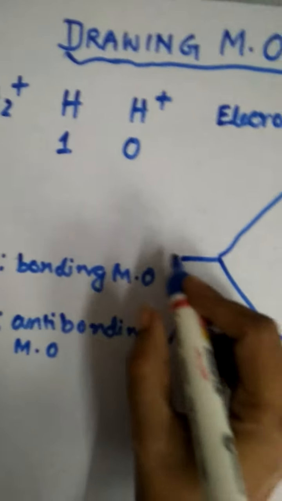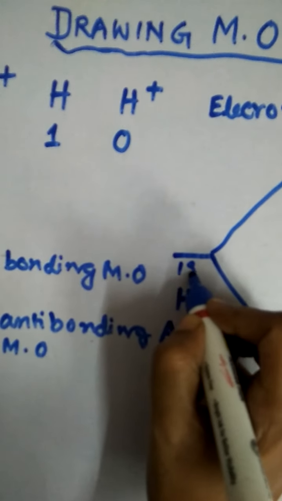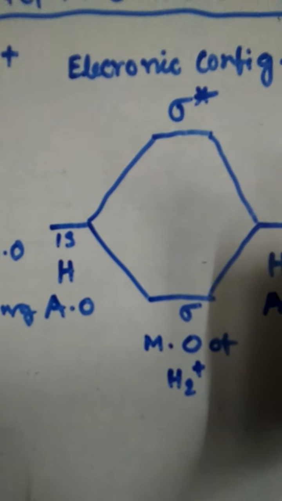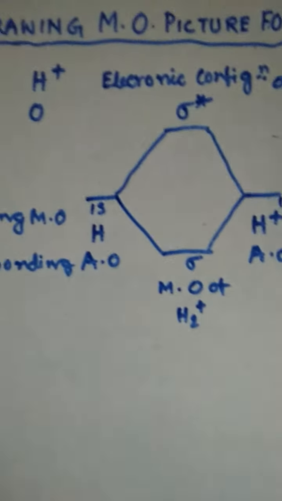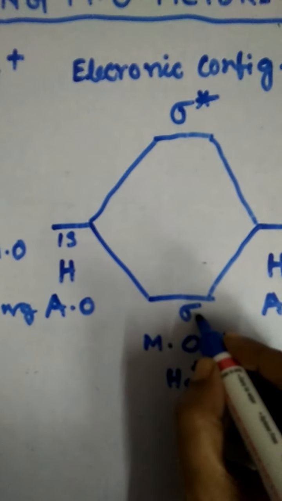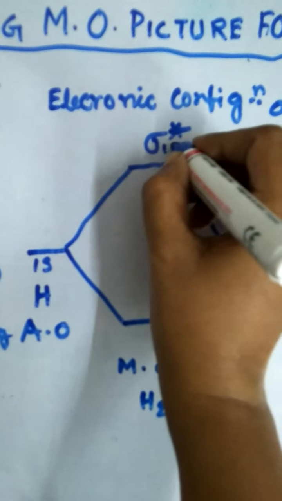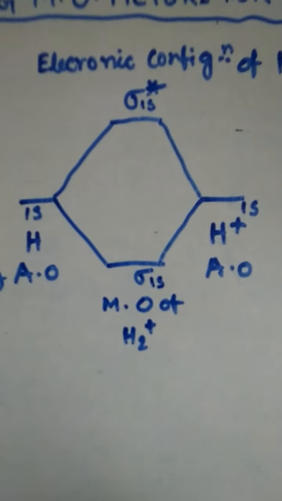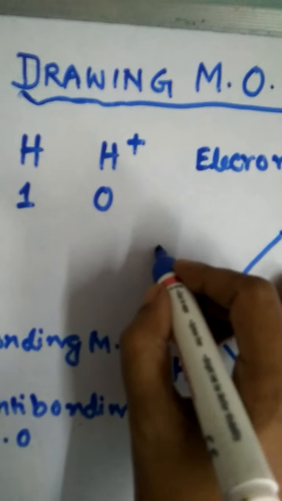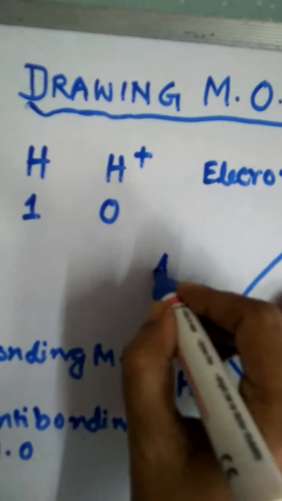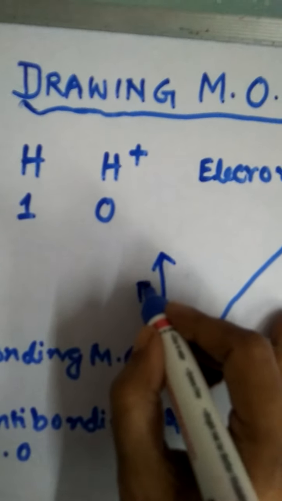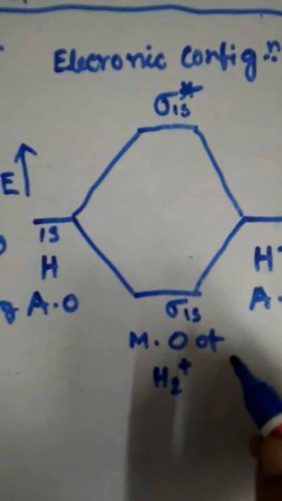As they are formed by using the 1s orbital of hydrogen and H plus, in the subscript we will write 1s. So sigma 1s and sigma star 1s, and on this side we will always show the energy axis. This you have to show always.